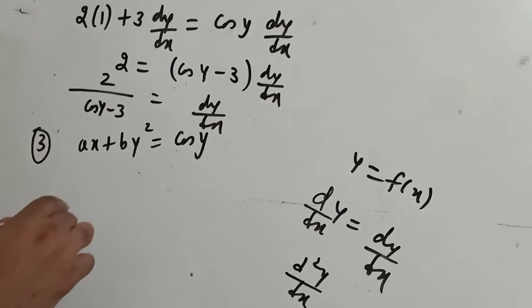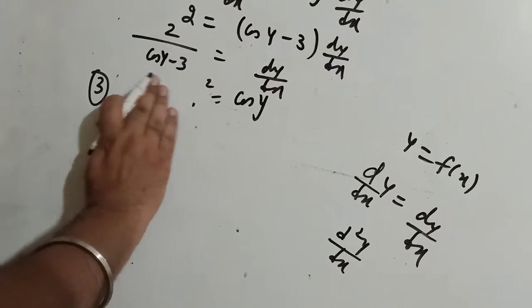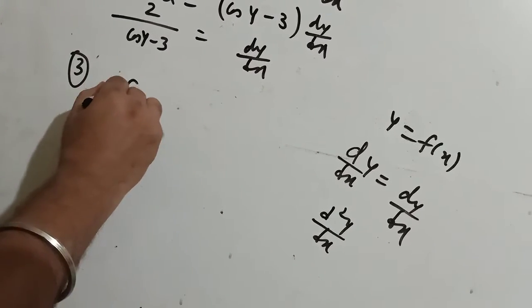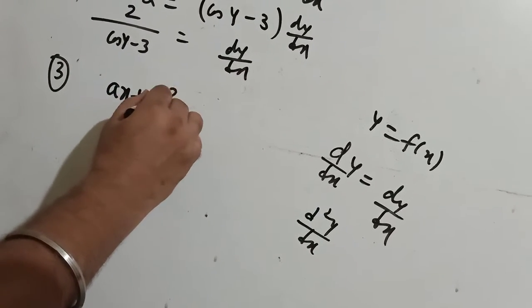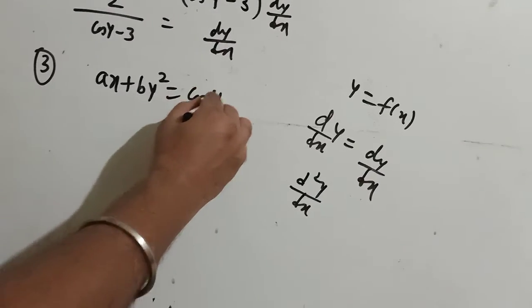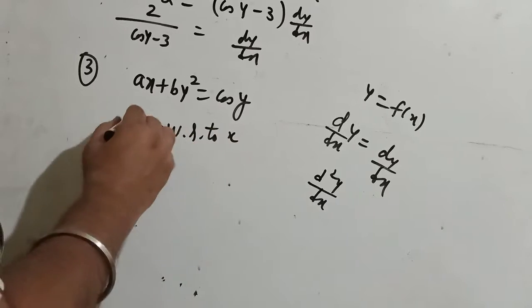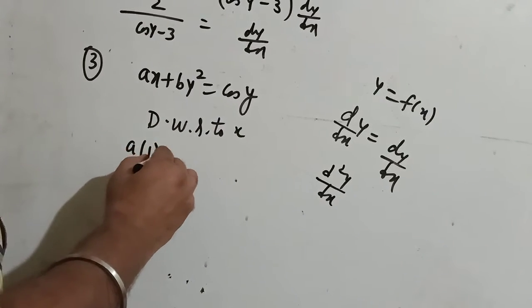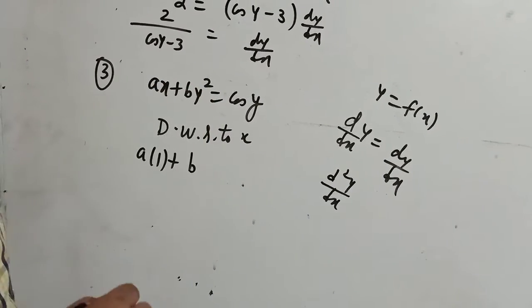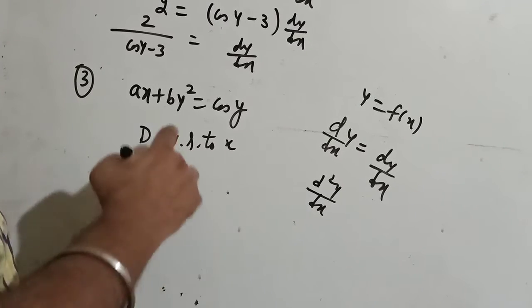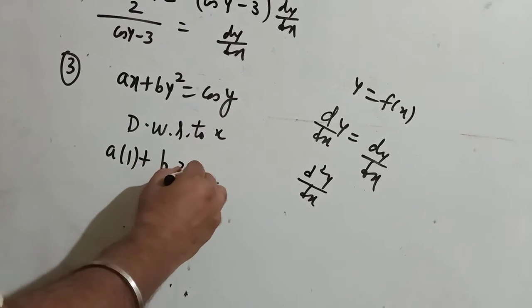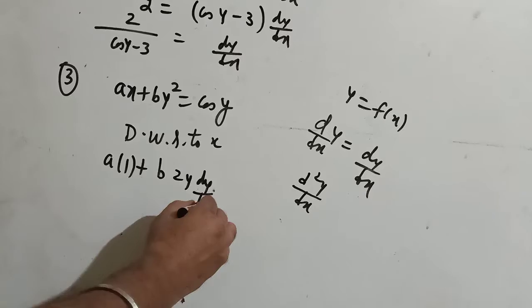And the third question is ax plus by square equal to cos y. So differentiating with respect to x, a differentiation of x is 1, b differentiation of y square is 2y because of power 2, then differentiation of y is dy by dx.